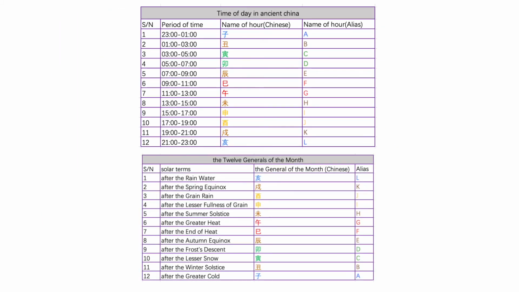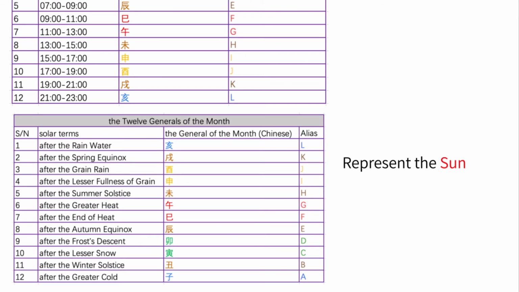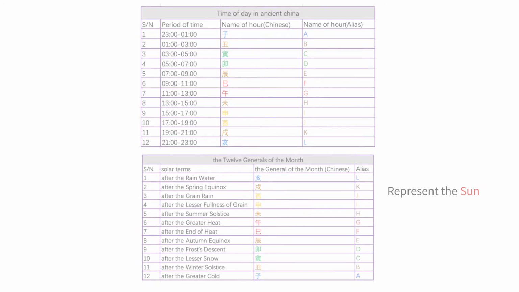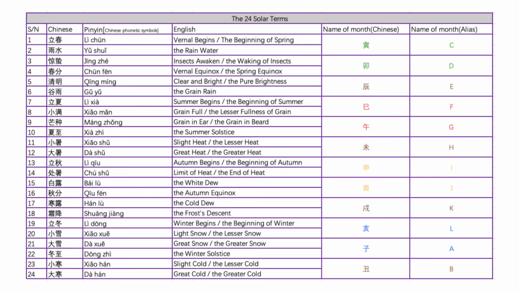Remember the general of the month I said before? When the Chinese ancients used Liu Ren to predict things, they needed a symbol to represent the sun. That symbol is called the general of the month. As you can tell from the name, the general of the month changes every month. The ancient Chinese divided the time of a year into 24 solar terms.